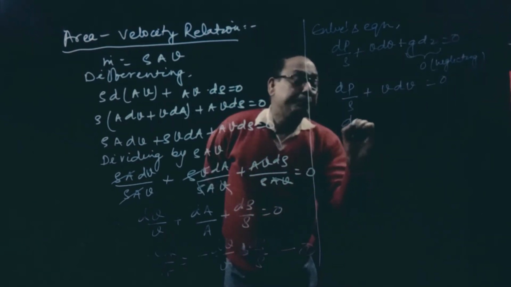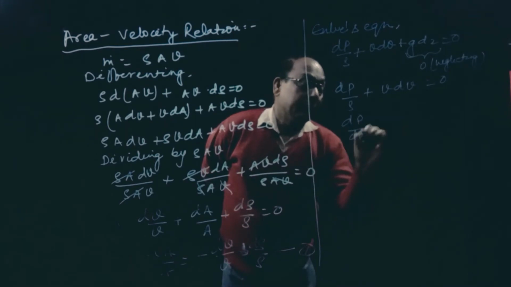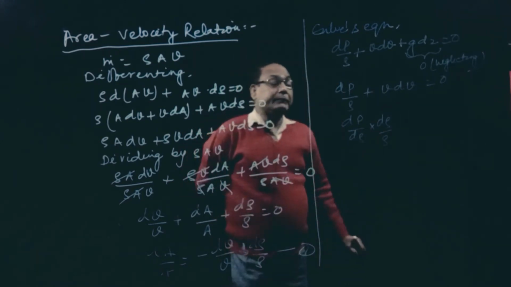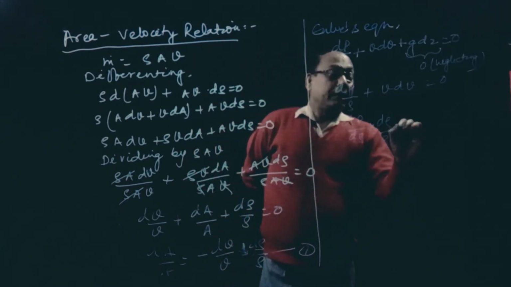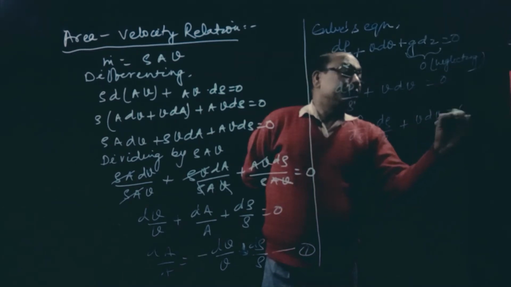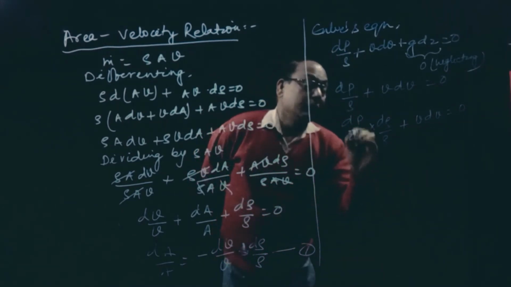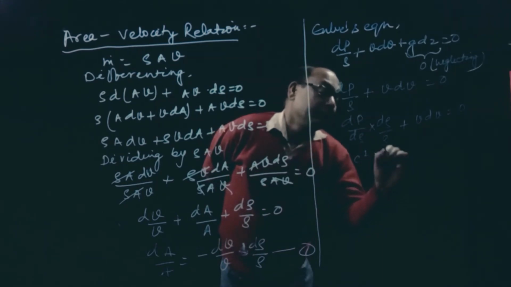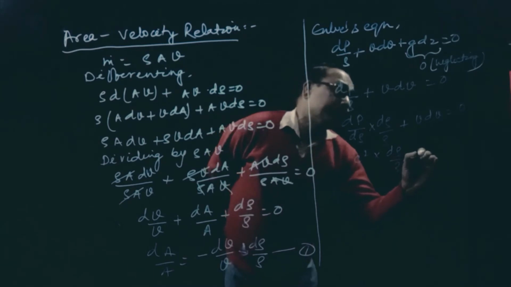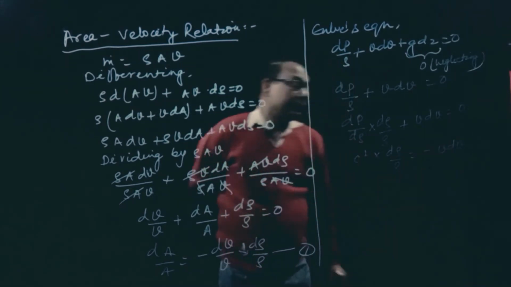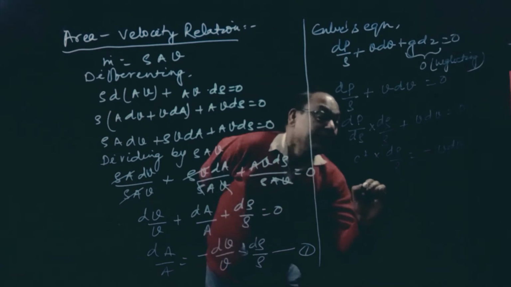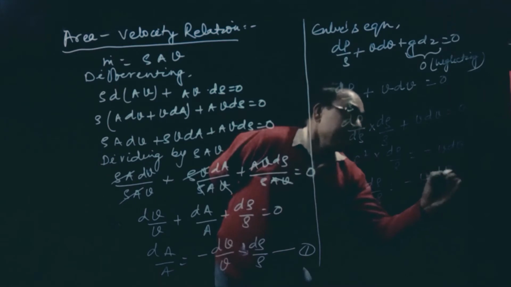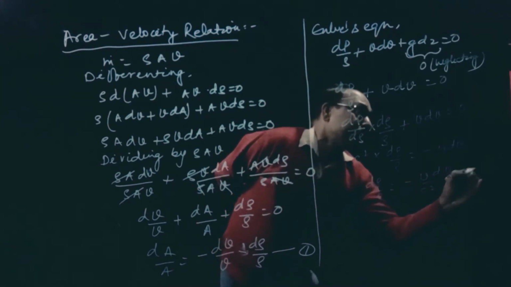Now multiplying and dividing by d rho in the first term, dP by d rho into d rho by rho plus V dV is equal to 0. We know dP by d rho is nothing but C square, so C square into d rho by rho will be equal to minus V into dV. So d rho by rho is equal to minus V into dV by C square. This is equation number 2.